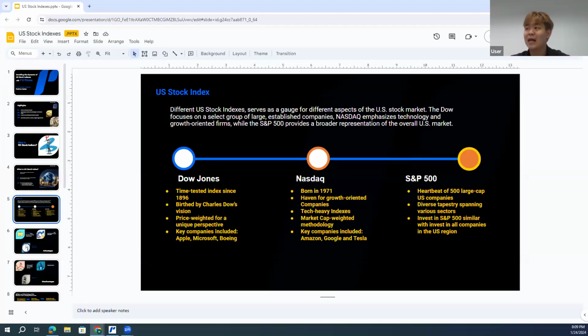Next thing is Nasdaq. Nasdaq is slightly different because in comparison, Dow Jones has only 30 companies, but Nasdaq has 100 companies in the United States. Most of these 100 companies are in the technology sector. So if you love more diversification, it's better for you to focus on Dow Jones.